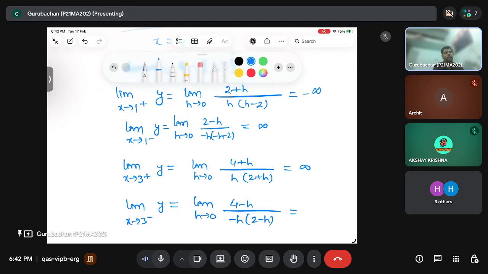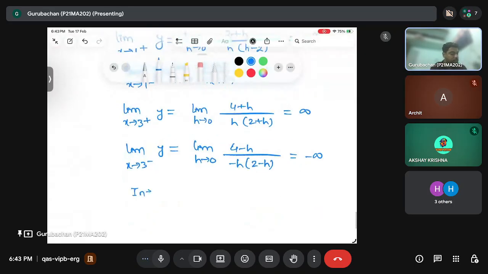So what will be the limit here? Minus infinite, sir. So again you got the infinite kind of discontinuity at x equal to 1 and 3.